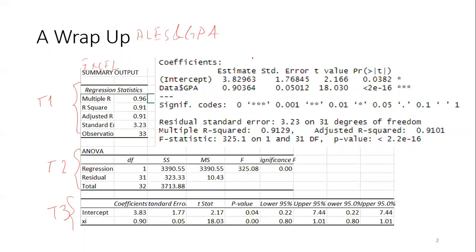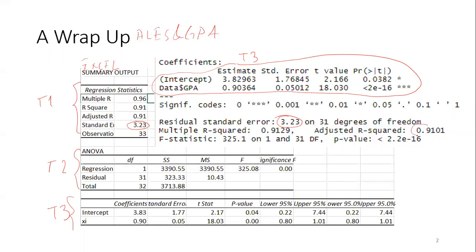This part is a little bit related to table 3: the estimate, the standard error, and so on. This is what we get from R. And the residual error is 3.23, just look at it.